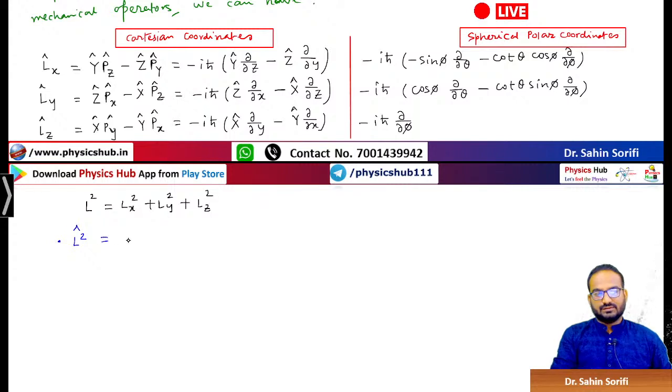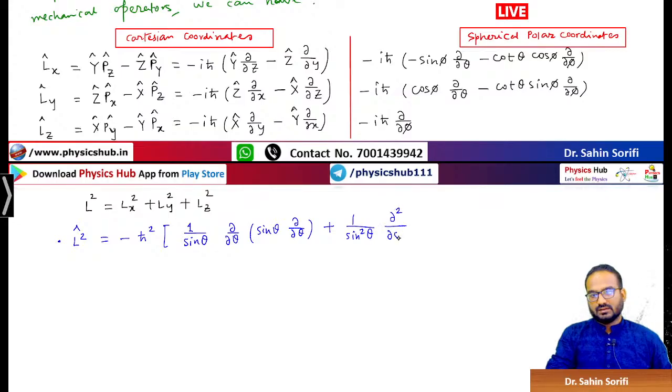L square is equal to minus h cut square times 1 by sin theta del by del theta of sin theta del by del theta, plus 1 by sin square theta del square by del phi square.